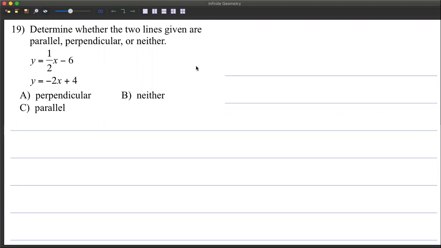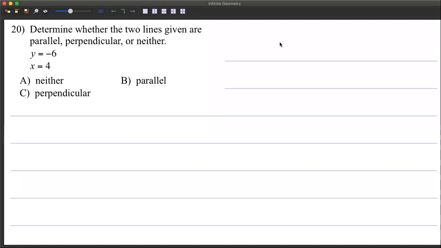Let me put Anthony's back in here too. All right. So, ooh, this one. I'll actually take a volunteer for this one. Are these parallel, perpendicular, or neither? Interesting. Okay, I'm getting some answers in the chat, and they're all different.